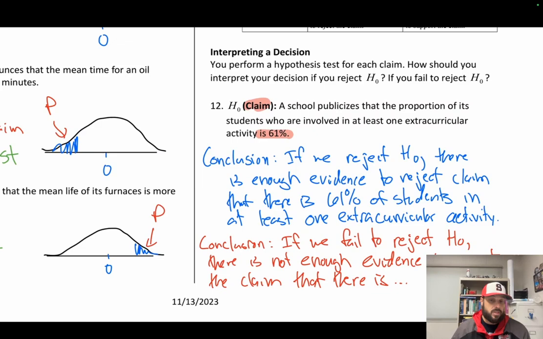Now, this doesn't mean that there is 61%. It just means that we do not have enough evidence to reject that claim. Again, we don't say something is true. We either reject the claim, in this case our null hypothesis, or we fail to reject the claim, which in this case would be the null hypothesis.